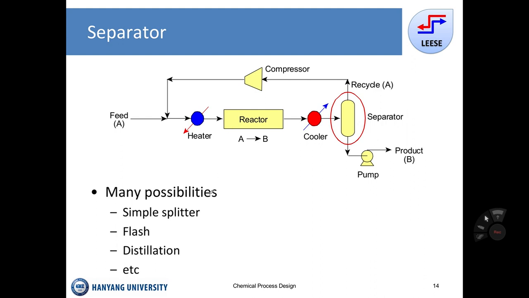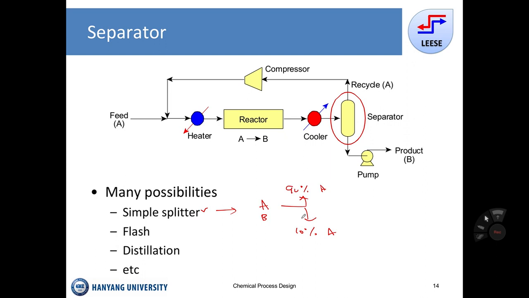A simple splitter is given. The splitter is used more for modeling purposes. In the real engineering world, we don't have a splitter. A simple splitter means, let's say we have A and B, then we have 90% of the A in the top and 10% of the A in the bottom.